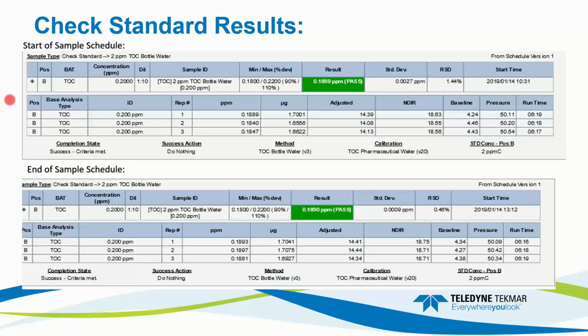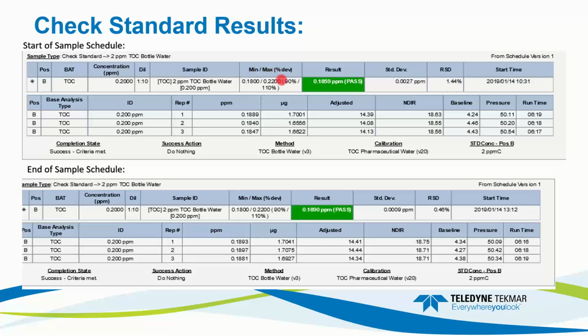So we always recommend running check standards at the start and end of your schedule. So also take note of the accuracy and precision here. We set certain types of limits with pass-fail criteria of 10%. Our concentration here was 200 ppb. Our check standard read back at 185 ppb, had a percent RSD of 1.44, and it fell within our max and min of plus or minus 10%.